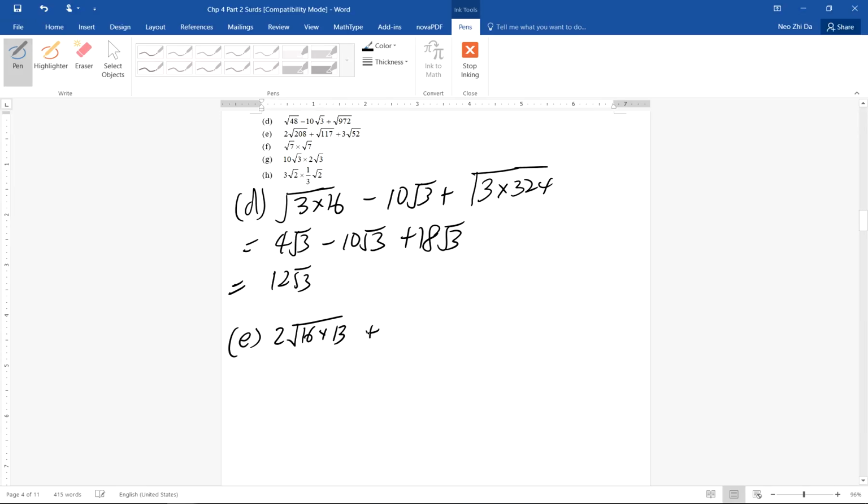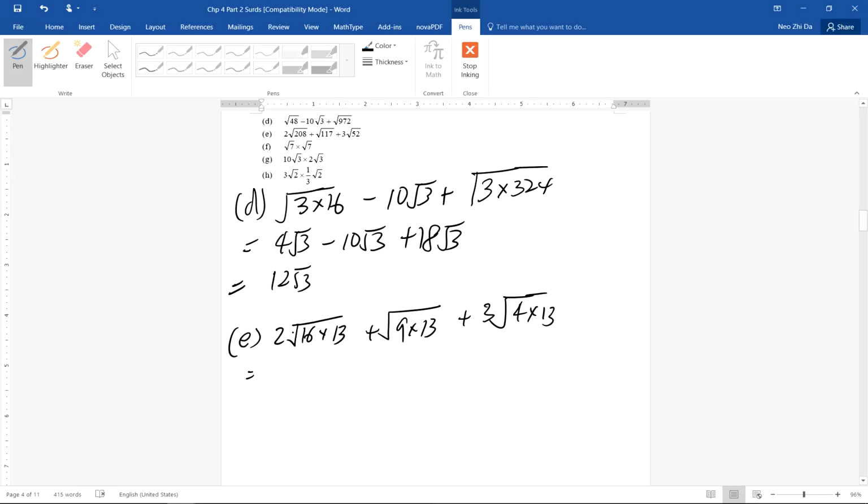Now plus square root 117. 117 divided by 13, answer is 9. You see everything is coming up now. Plus 3 square root 52 divided by 13, answer is 4 times 13. Now I work it out.